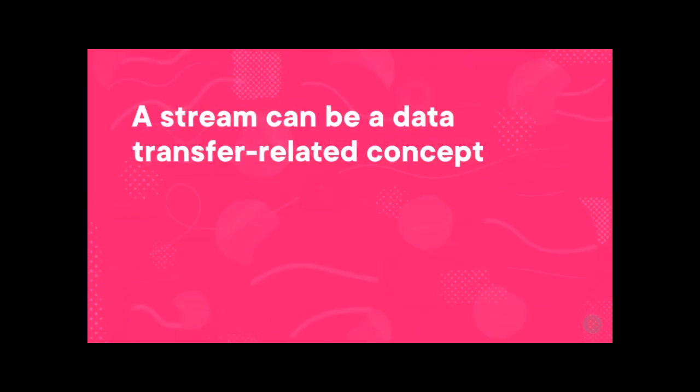But a stream also exists as a data transfer concept, and that's where the confusion sometimes stems from. The fact that we're working over HTTP inherently means that the bytes we get from the API or that are sent to it are, well, streaming over the wire.